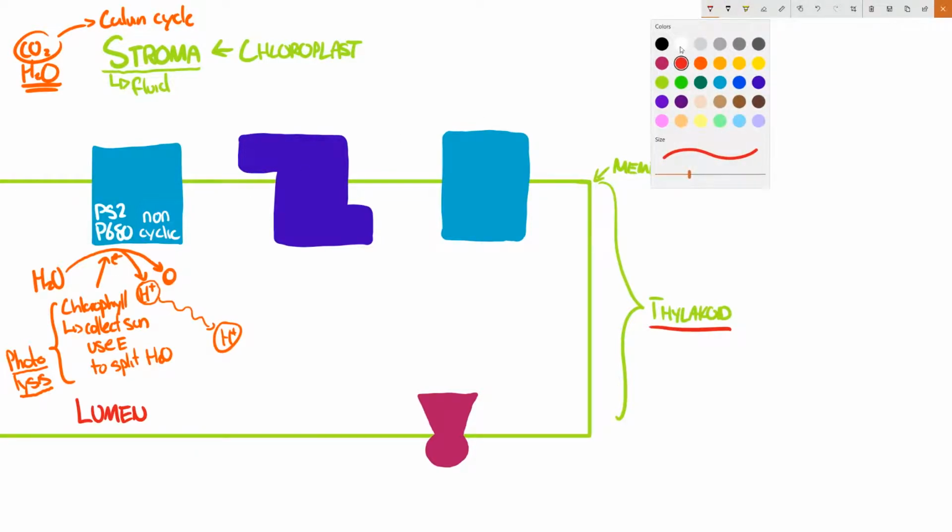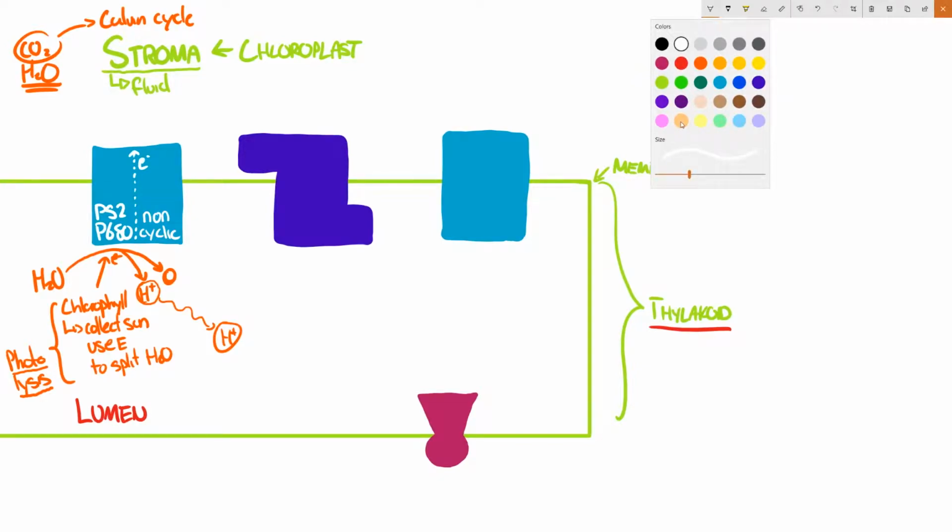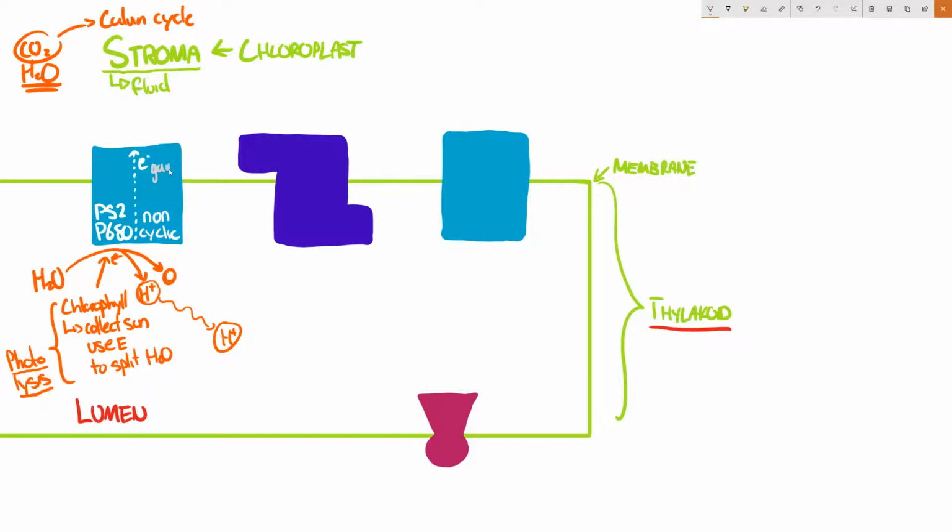So water comes in, chlorophyll collects sunlight, and it's going to cause it to split. What happens next? These electrons are going to make their way up photosystem 2. And when I say make their way up, that is to say that they are gaining energy. We have a series of redox reactions that are happening in here, and it's going to cause those electrons to gain energy.